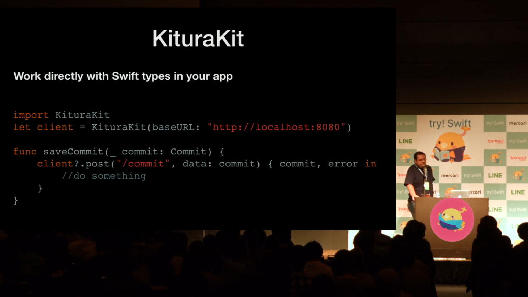You just create a client from KituraKit, giving a base URL. And then in the save commit function, you say client.post. You give the endpoint there, and you pass the data. You're actually passing your type there, Commit, which is a value of your own type.